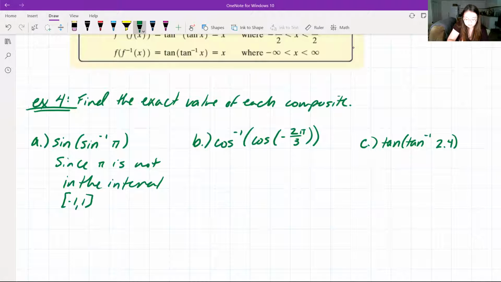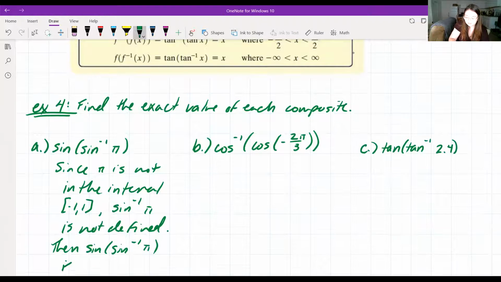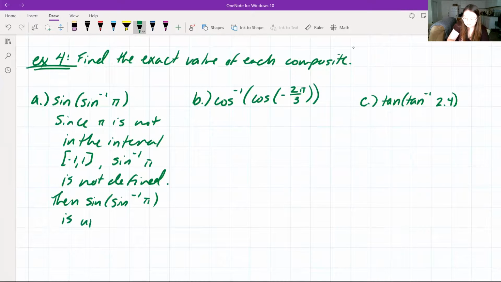This means that sine inverse of pi is not defined. And if sine inverse of pi is not defined, then sine of sine inverse of pi is undefined as well.